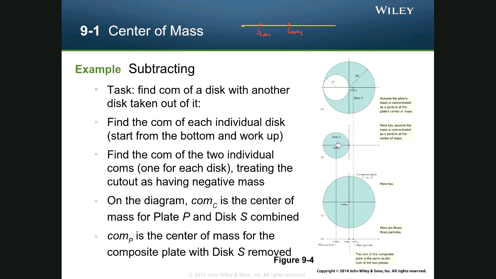The center of mass of this circle is very easy to find. It just has a radius, and it's at the center there, a distance r. And then you have this mass, which stays at your origin, the center of mass of the big circle if it were complete.